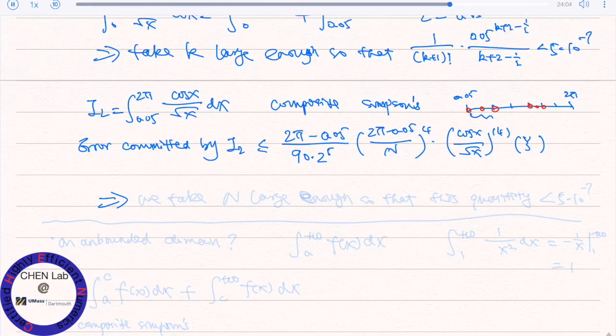Which means that we take n, we use as many intervals as necessary. We take n large enough so that this quantity is also less than 5 times 10 to negative 7. Then we're done.